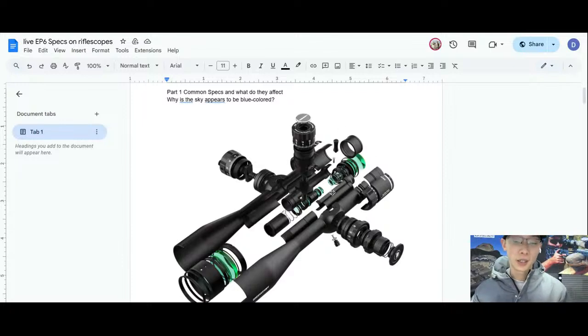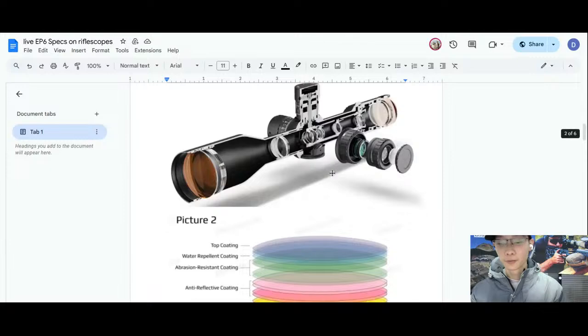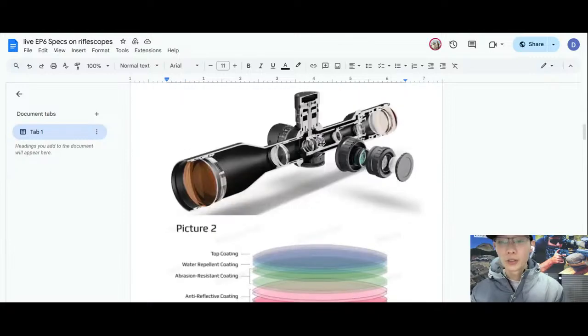also, sorry, I failed to cover this, but the erector side, this part here, determines the zoom ratio. For example, when you finish designing this part, the erector, you can change out the front part to make this scope, for example, a 5 times zoom. It can be 2 to 10, 3 to 15, 5 to 25.